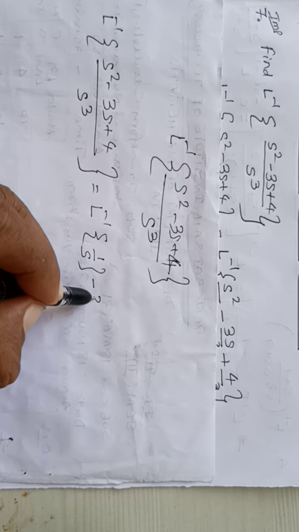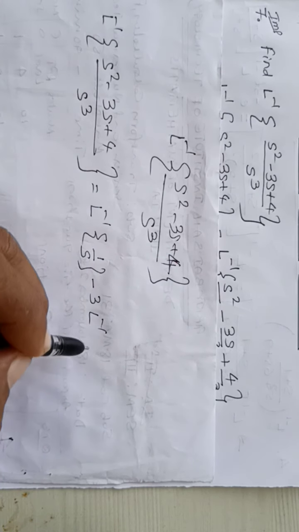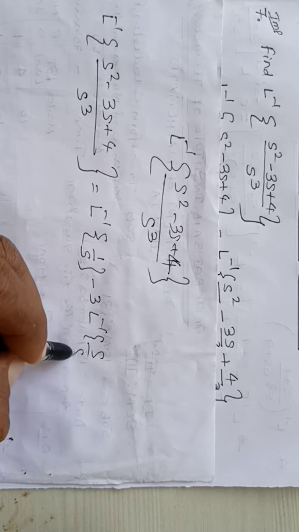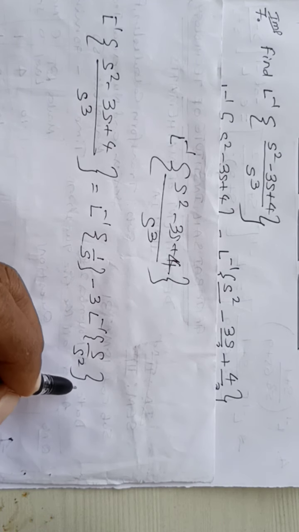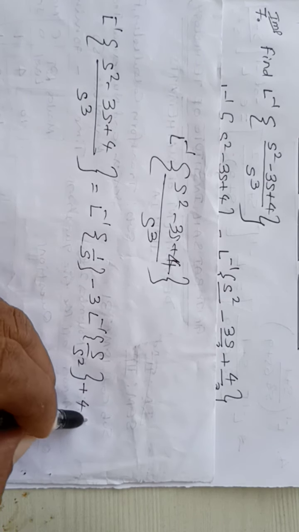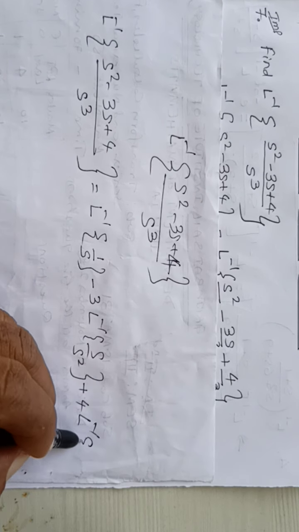Next, minus 3 Laplace inverse of s upon s square, plus 4 constant Laplace inverse of 1 by s cube.